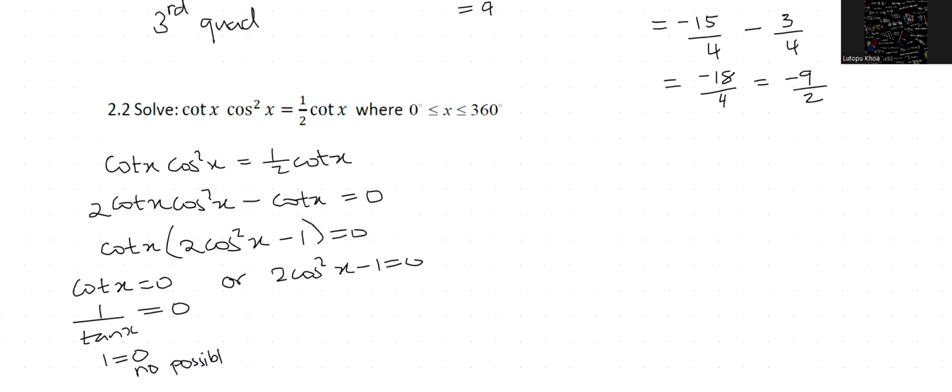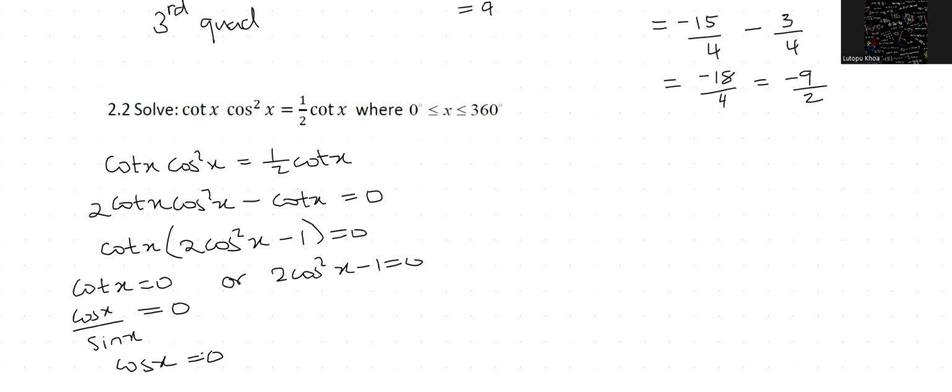So my bad. So rather write this as cos x over sine x is 0. So this means that cos x is equal to 0, and then you'll get some solutions.